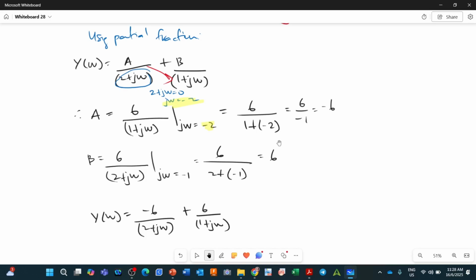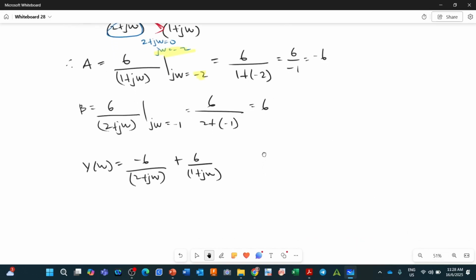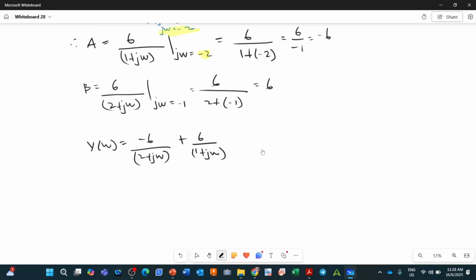Make sure to always do a bracket like this, so in bracket 2 plus j omega, 1 plus j omega. This would be the answer in terms of frequency domain. If you answer this in the final exam, then you get marks for frequency domain.